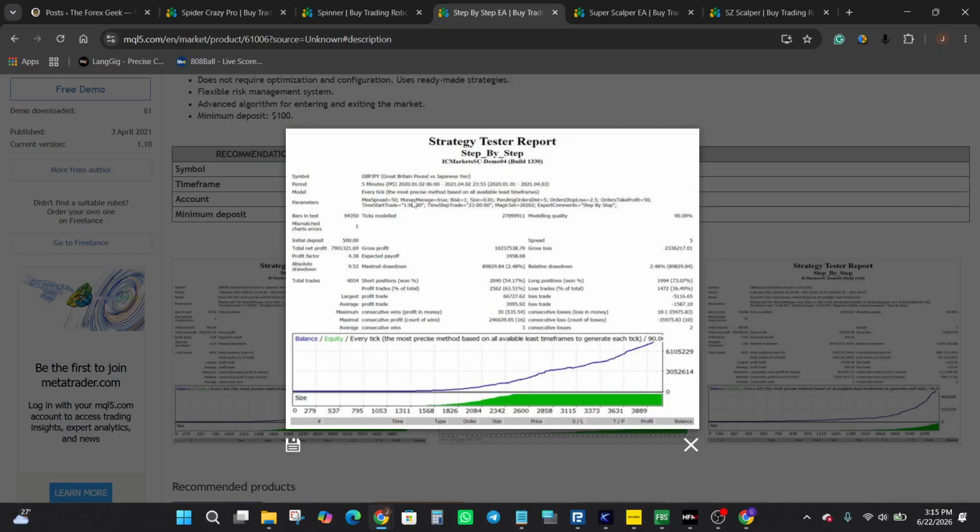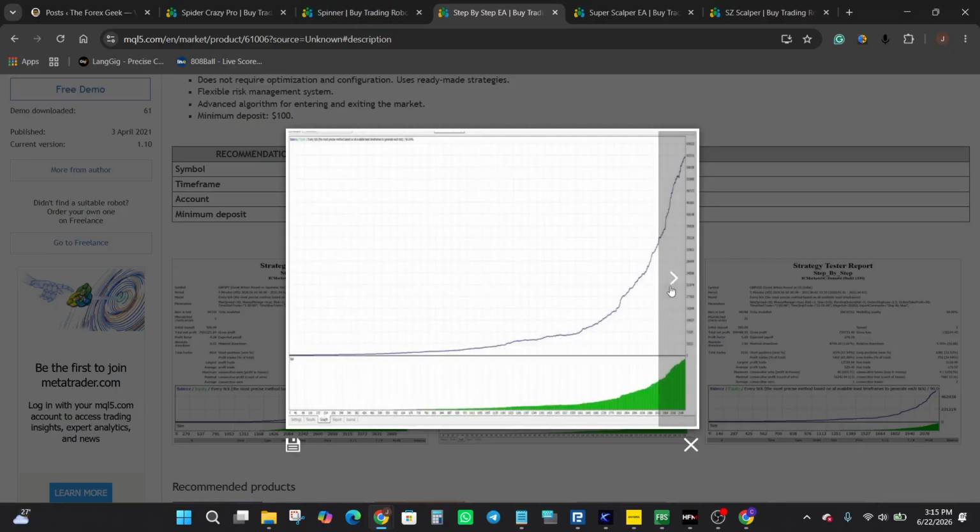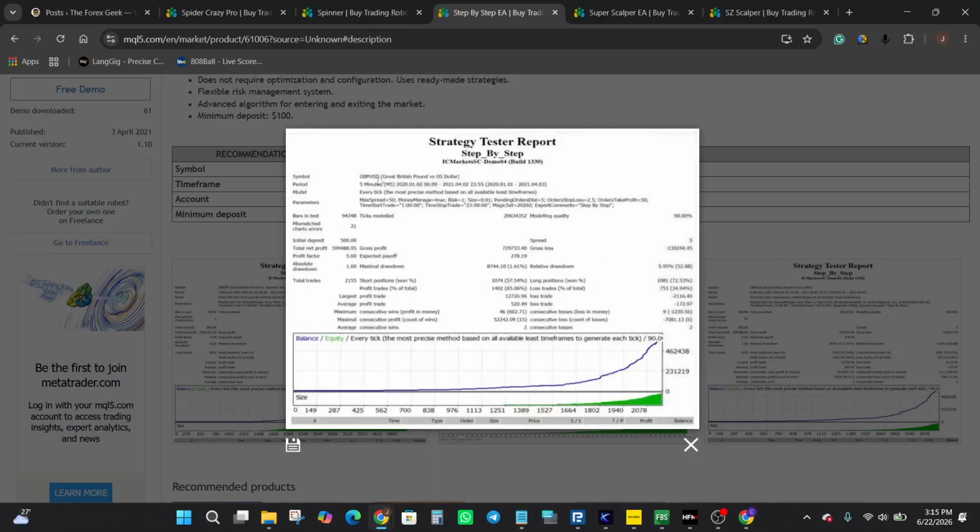So from this report, this is for GBP JPY M5 time frame. I can see $500 deposits. I can see over $7.9 million in net profit. I can see over 4,000 total trades taken, and I can see 63.51% win rate. And then here we have for GBP USD, same $500 deposits.